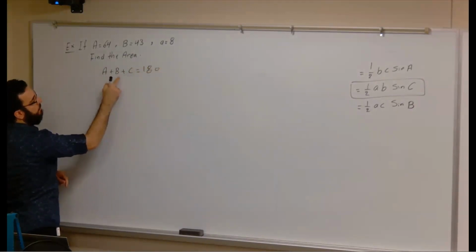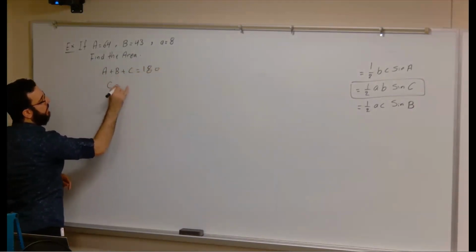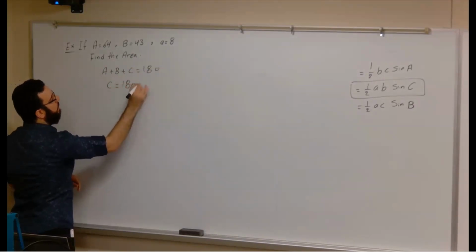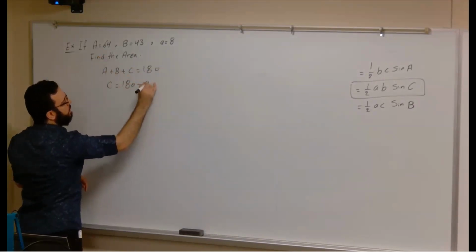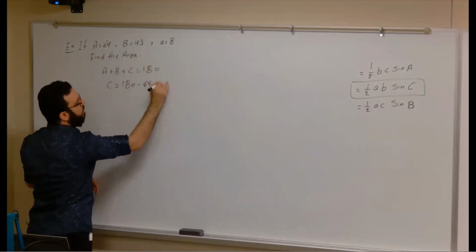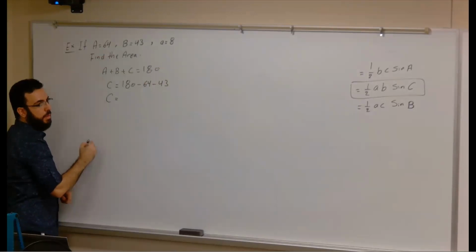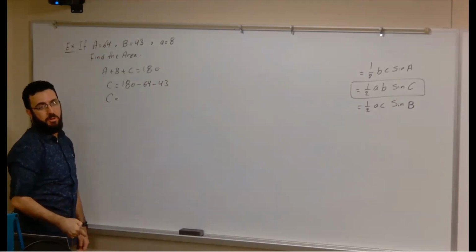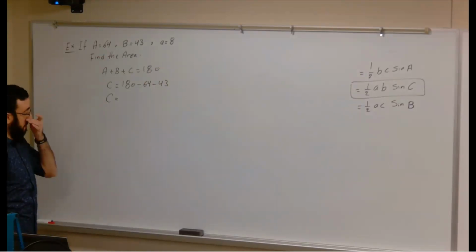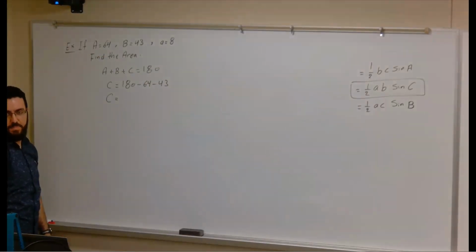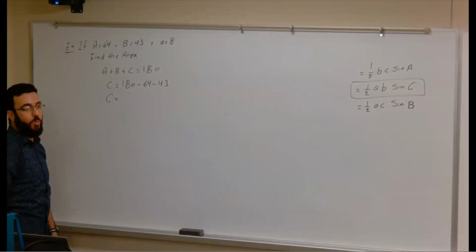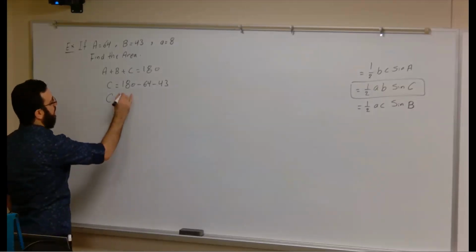A I have, B I have, I need to find C. C is going to be 180 minus 64 minus 43. So the angle C equals what? 73.